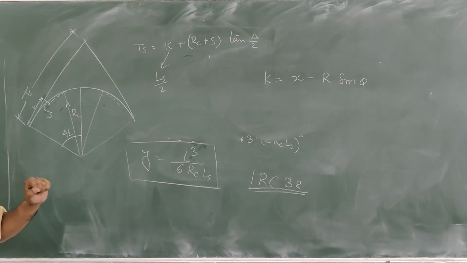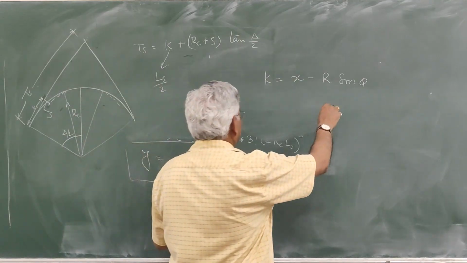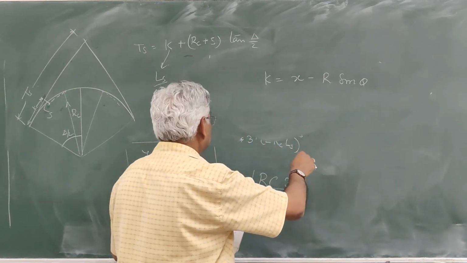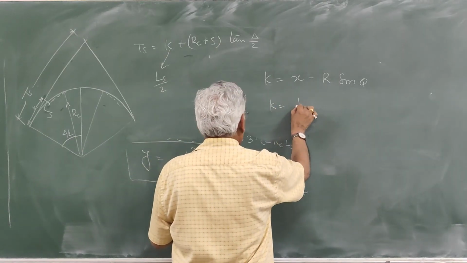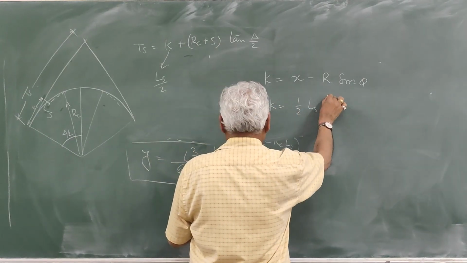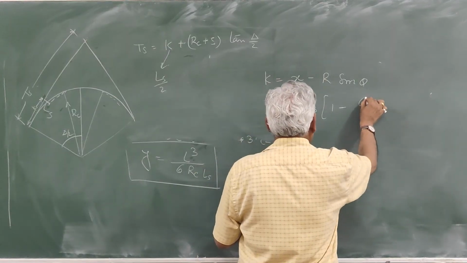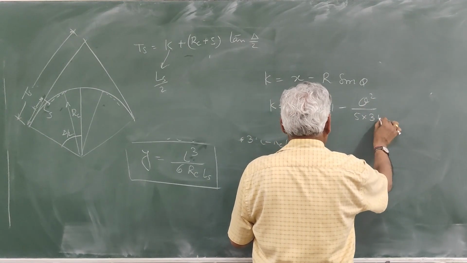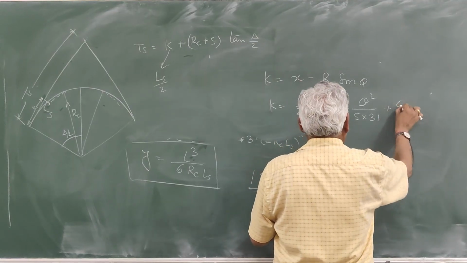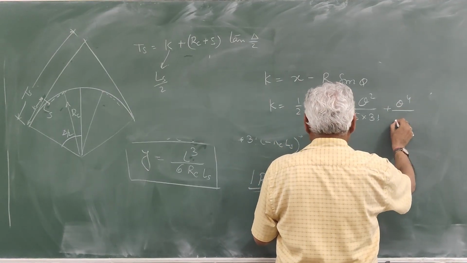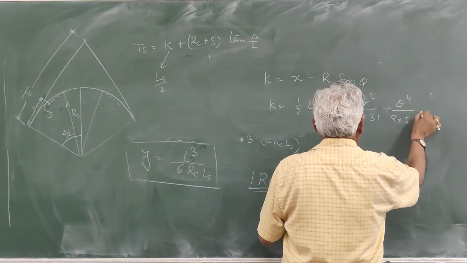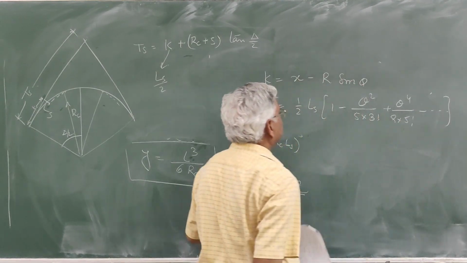And again, if you expand this sine theta series, then this k will be half of Ls into 1 minus theta square upon 5 into factorial 3 plus theta 4 upon factorial 9 into factorial 5 minus and so on.